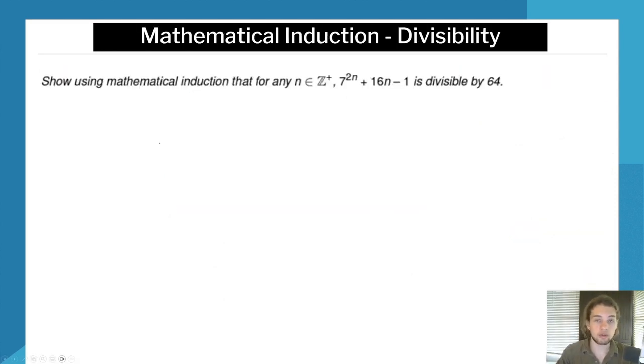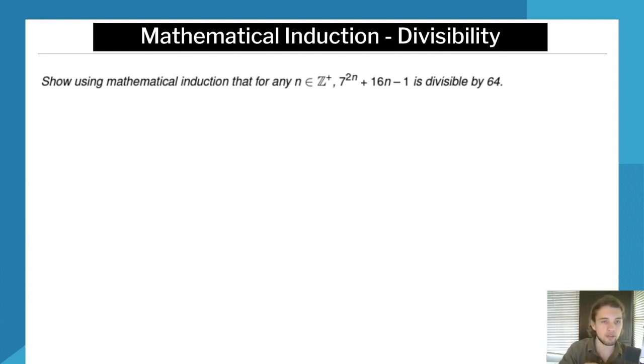So now let's look at how to utilize mathematical induction to prove the divisibility of an expression. This example is: show using mathematical induction that for any value of n that is a positive integer, 7 to the power of 2n plus 16n minus 1 is divisible by 64.